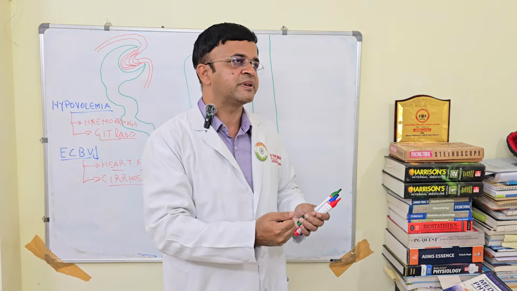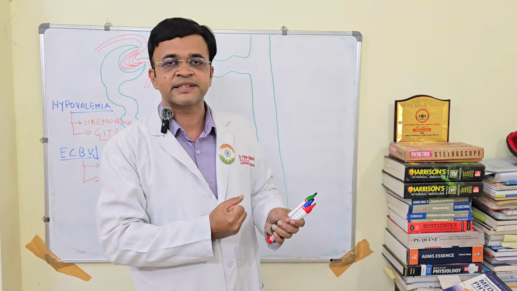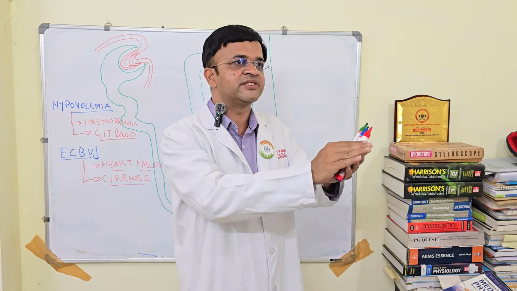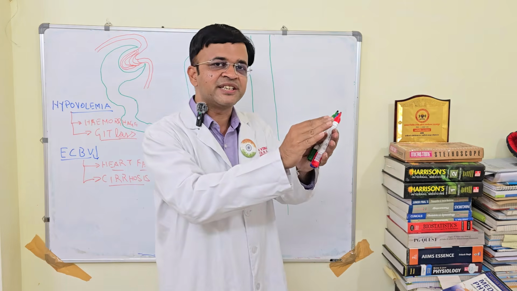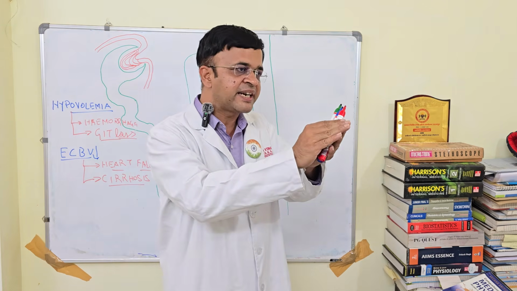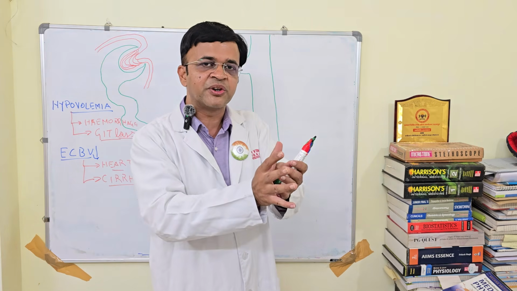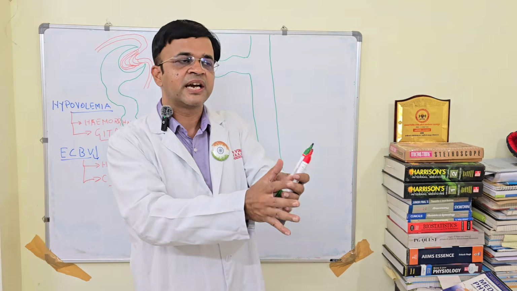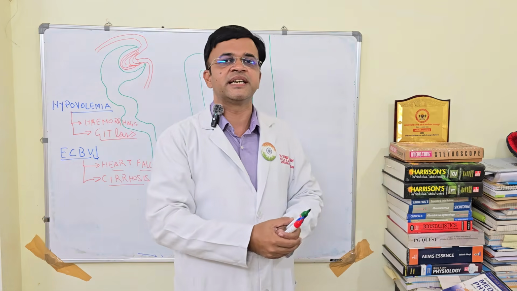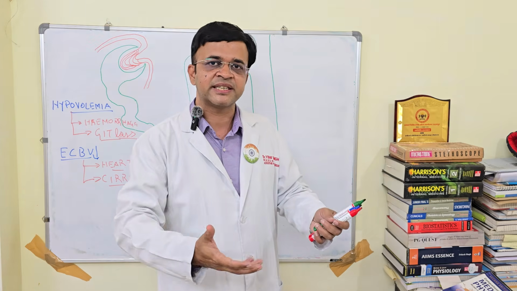In case of portal hypertension, one very important metabolite is released, nitric oxide. If nitric oxide is released, it is going to dilate your splanchnic vessels. If your splanchnic vessels get dilated, all the blood will pool in your splanchnic vessels, and you will have less blood in your circulation. As simple as that.